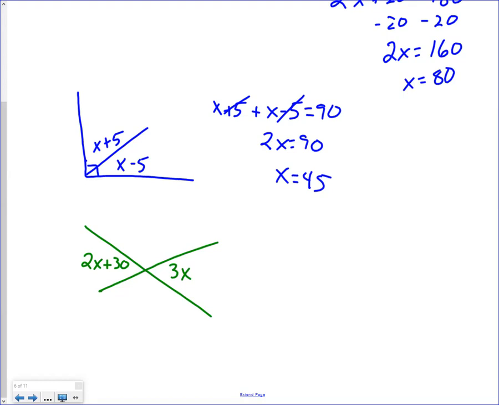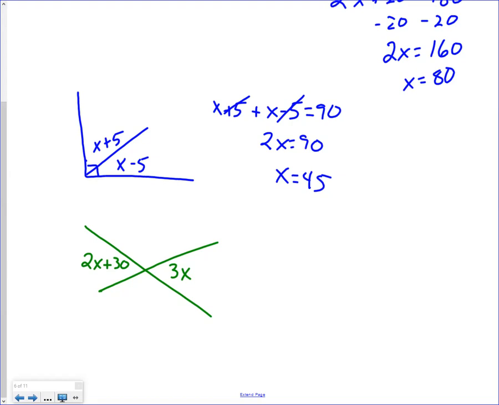Let's leave it with that. What kind of angles are these two angles? They are vertical angles. It's two lines intersecting to form them, but the angle measures themselves must be equal, right? They are congruent. So that means we can set them equal to each other.